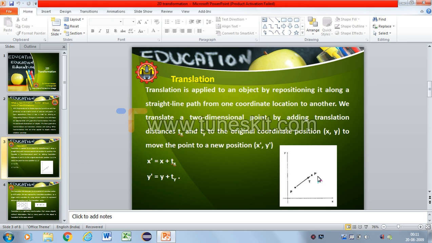After applying translation distances to the original coordinates, we get the equations: x dash is equal to x plus tx, where tx is a translation distance, a shift vector. y dash is equal to y plus ty.